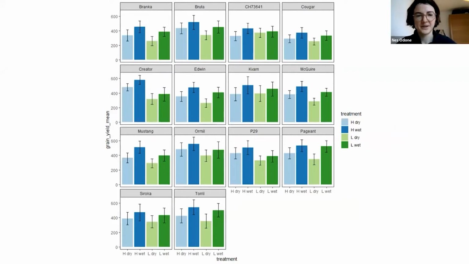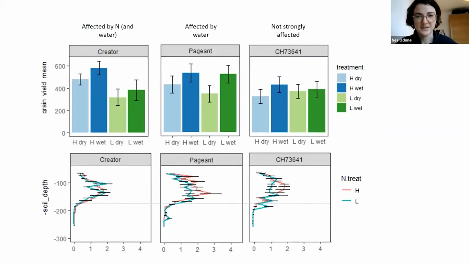And I've divided these up into the different genotypes, and of course that's a lot to look at. So I've just selected a few highlights for you to see, some of the ones that I thought were interesting. On the right here we have the CH73641. You can see there's not a huge difference in the grain yield between the 4 different nitrogen and water treatments.